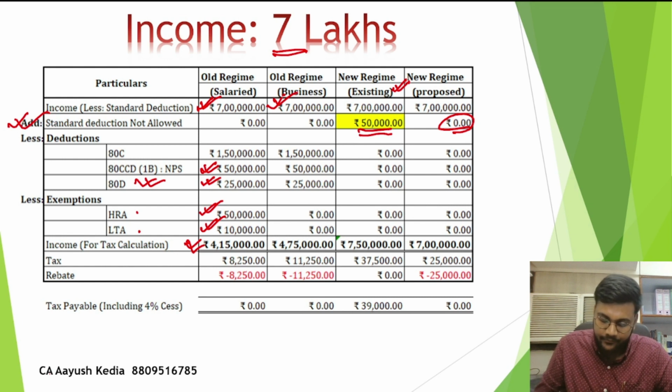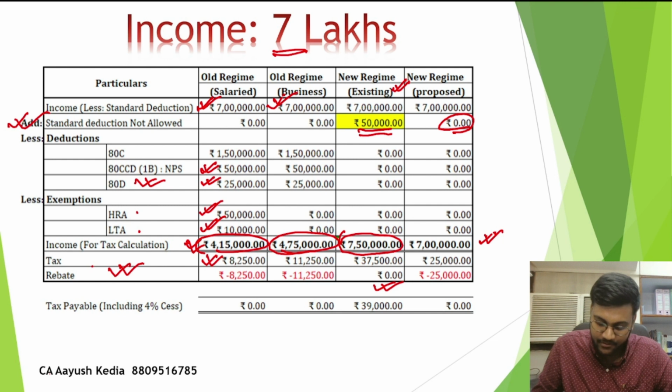Similarly, we have calculated the income for the new regimes also, and the tax which is calculated on these as per the slab rate. The rebate is allowed because the income is below 5 lakh rupees for the old regime in both these cases. In the new regime which exists, the income is 7 lakh 50,000 rupees, but currently only 5 lakh rupees has been considered for rebate.